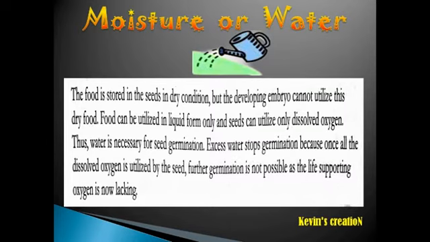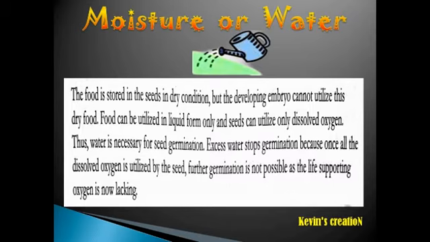So the food cannot be utilized by the embryo because it is in dried form, so it has to be dissolved, and it also requires dissolved oxygen, and that is why water is required. Excess water stops germination.